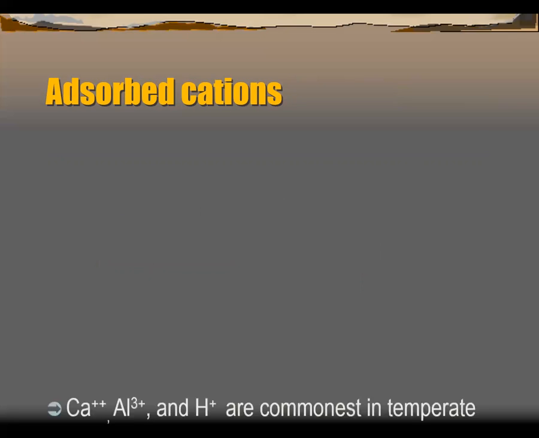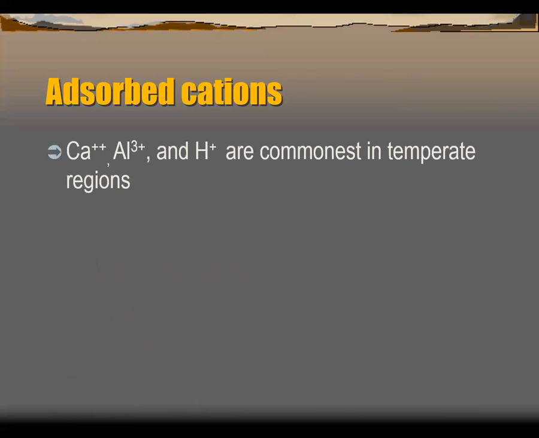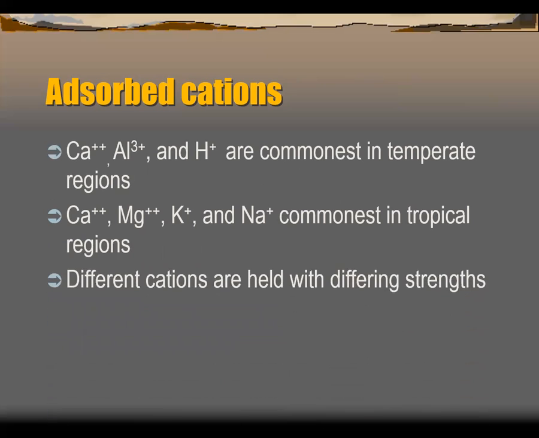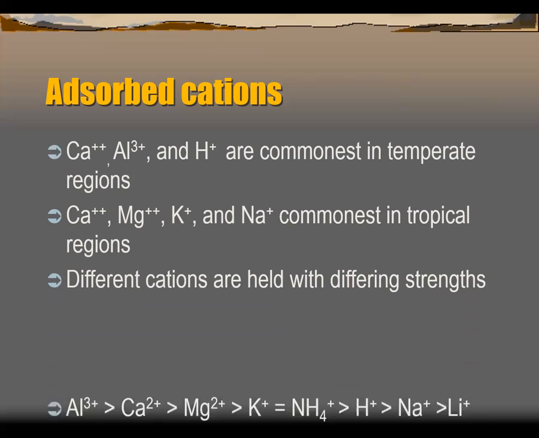So in temperate regions, like where we live, the most common ones are calcium, aluminum, and hydrogen ion. In tropical regions, you get a little bit of difference because of differences in the age of the soil and weathering rate. You tend to have more sodium, you tend to have more magnesium, and you tend not to see the hydrogen ion as much. Also, different cations are held with differing strengths.